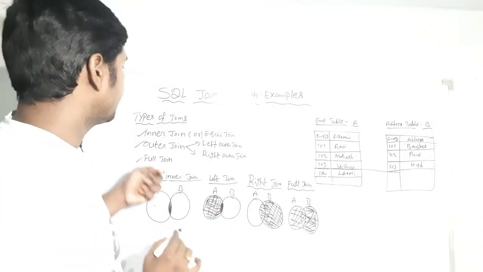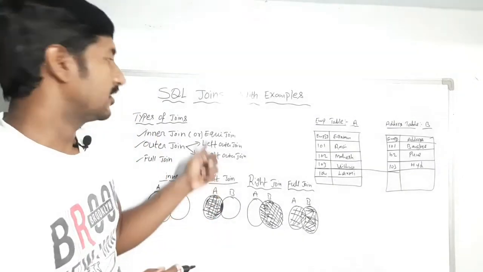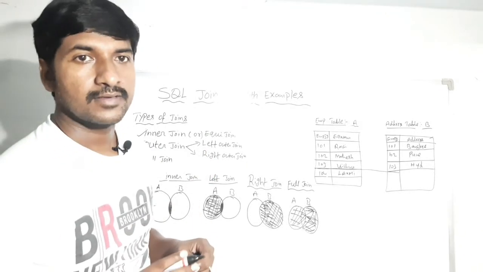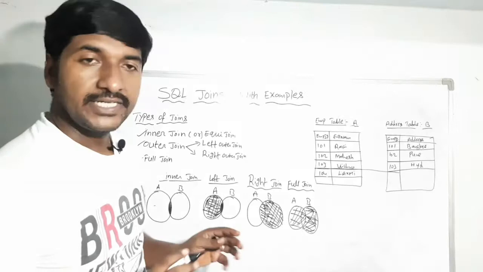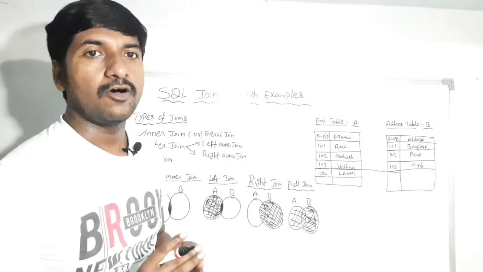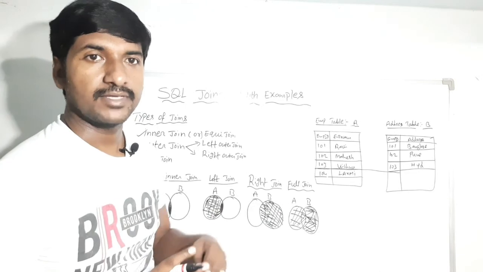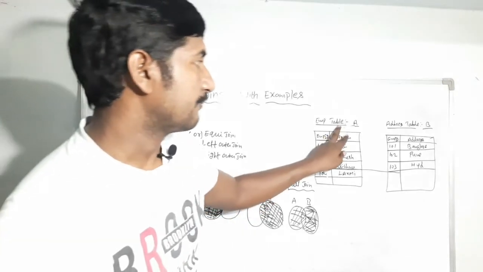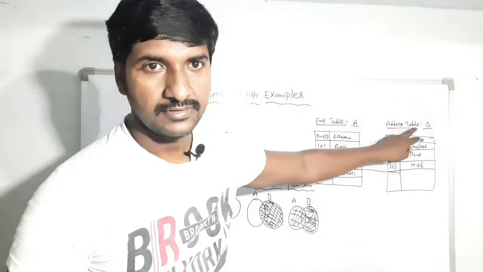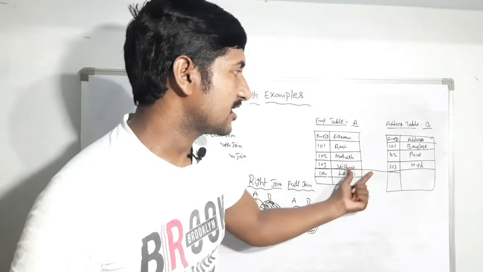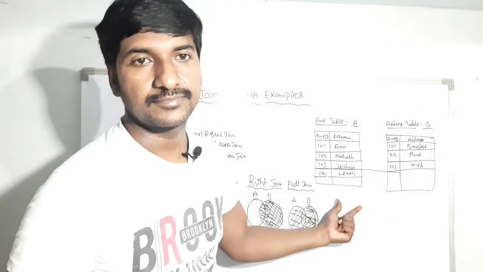Outer join is subdivided into left join and right outer join. Okay, then what is inner join or equi join? Inner join means only the matching records will get the output from the two tables. Suppose I have taken here employee table and address table. So whatever the records are there, only matched records will get output.